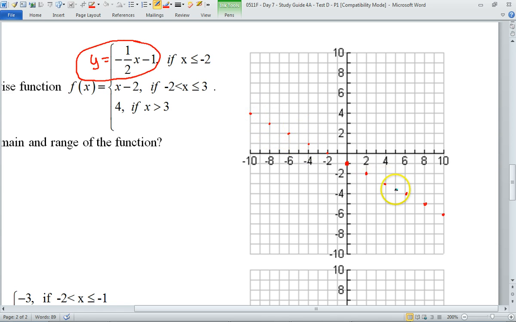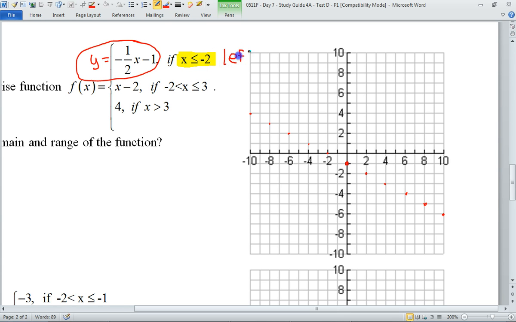All right, so a lot of people had this line sloping the wrong way. It should be downhill. We know it's negative because it has a negative in front of it, so it better be downhill. So always check to make sure they match. Anyway, now we have to decide which part of the line we're going to graph in. We're going to graph the part where the x values are less than or equal to negative 2.